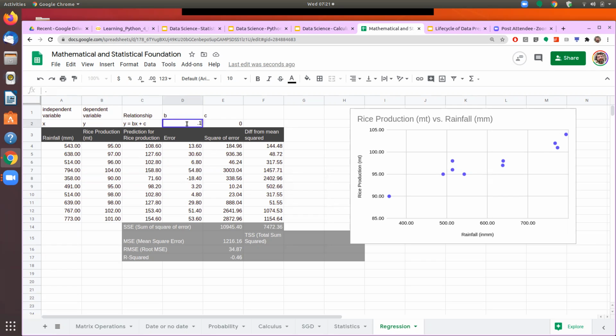So let's reduce the value of the multiplier to 0.15, and then we see that possibly it comes somewhat closer, but obviously not that close.